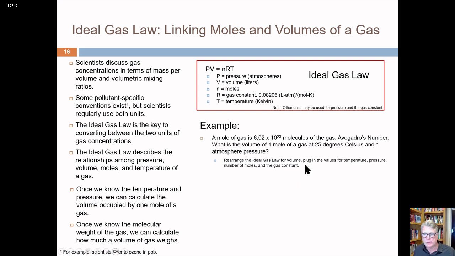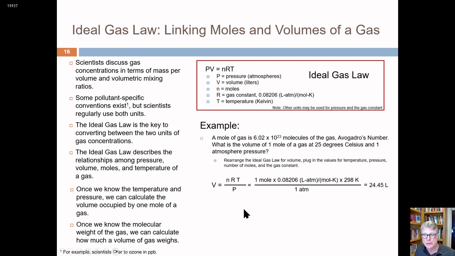Rearrange the ideal gas law for volume. We're going to plug in the values for temperature, pressure, number of moles, and the gas constant. And we'll then be able to know the volume of a certain number of moles of a gas.